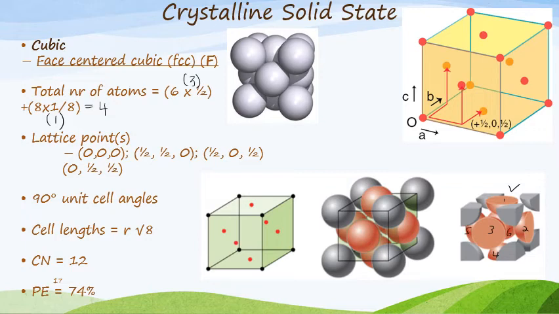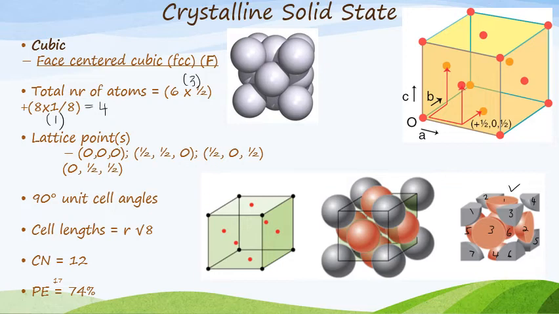They each contribute 1/2, so that's where the 3 atoms come from. And then the ones on the corner, there are 8 of them. So there's 1, 2, 3, 4, 5, 6, 7, and 1 at the back, which you can't really see. So that's where we get the total number of atoms being 4 for a face-centered cubic.